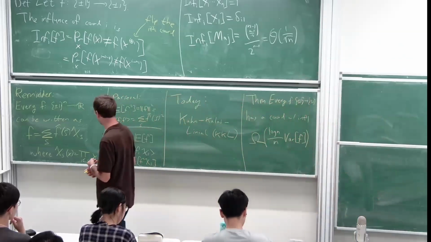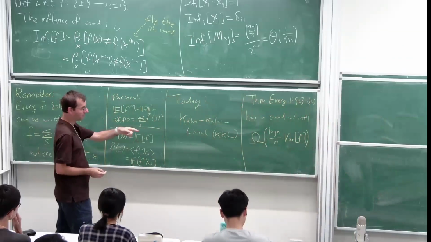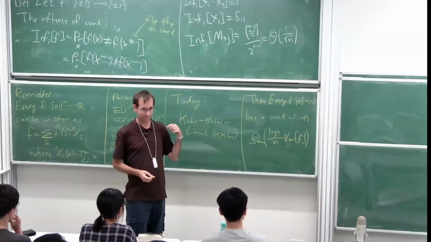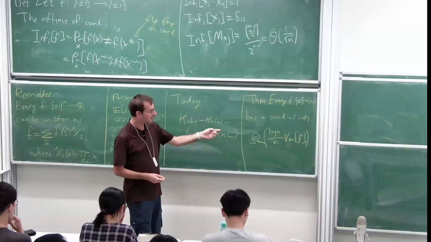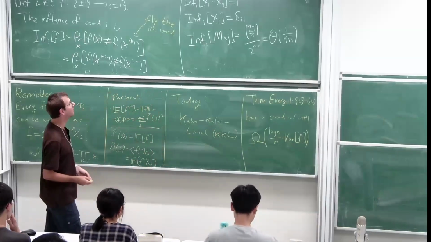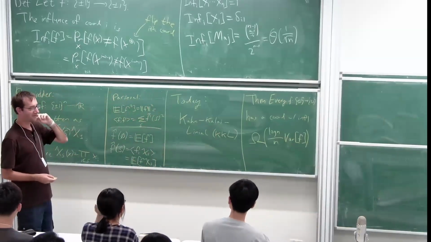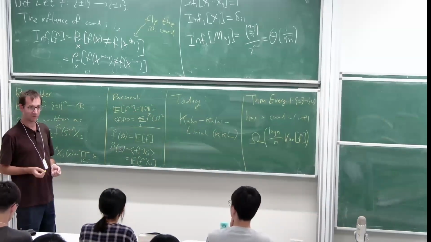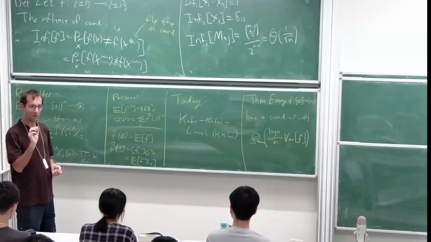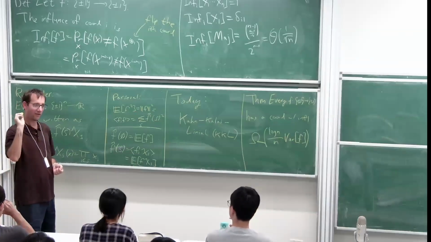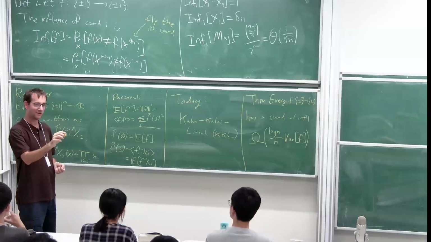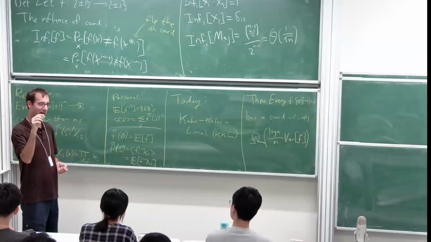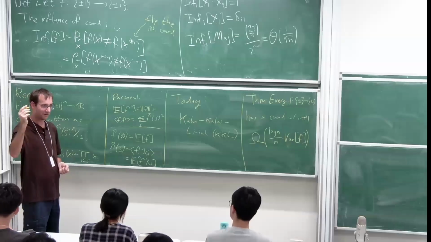But first, I want to explain how this relates to what I asked you yesterday. There are two interpretations of this definition of influence. Let's first say that the function f is monotone. If I fix the value of coordinate I to 1, then I increase the expectation of the function by the influence.